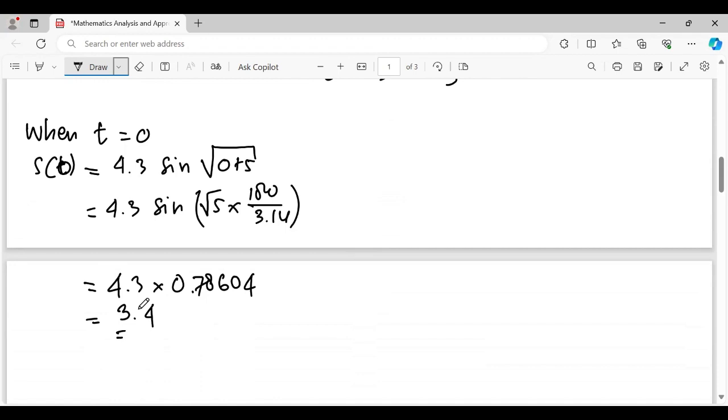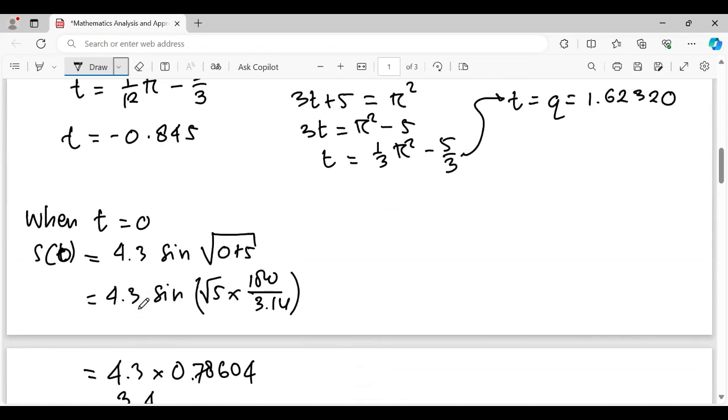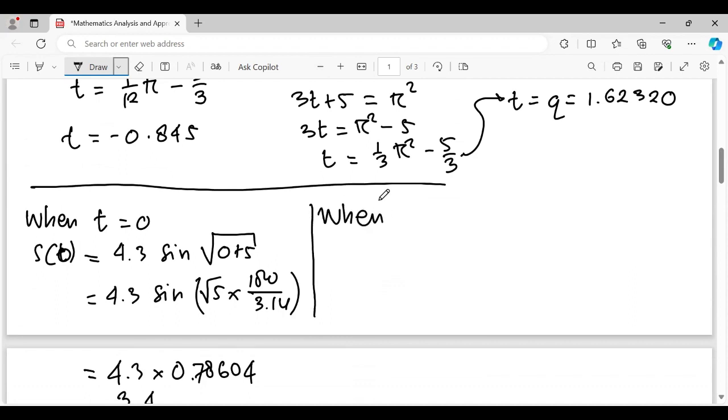Next, how about if we're going to write it here. When s(t) equals minus 4.3, the maximum.